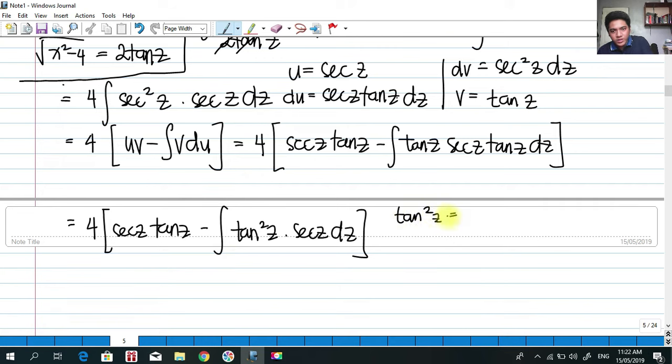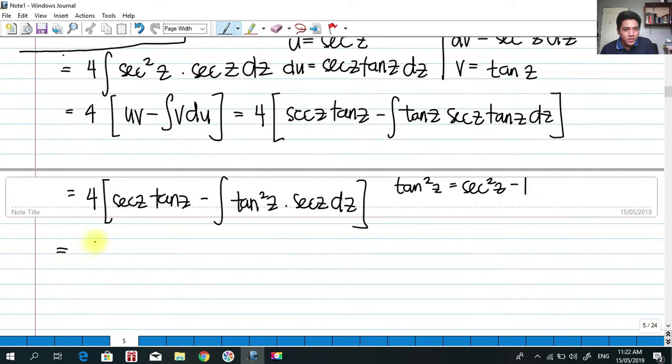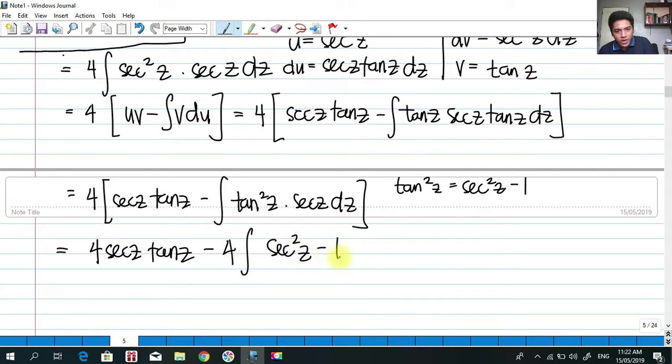Remember, tangent squared z is equal to secant squared z minus 1 by this identity. So we have to distribute 4. Can we distribute? Yes, 4 secant z tangent z minus 4 integral of secant squared z minus 1, because that is equivalent to tangent squared z, multiplied by secant z dz.